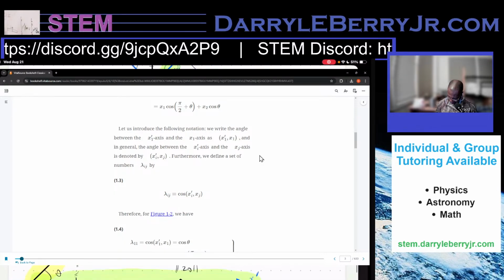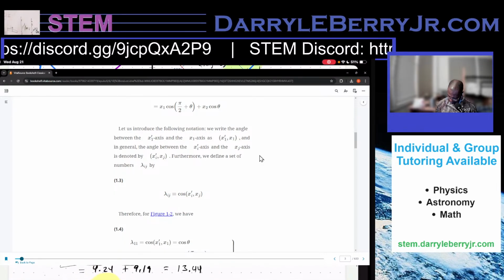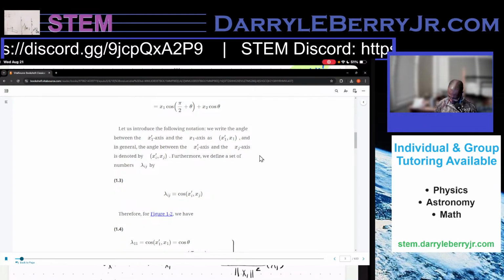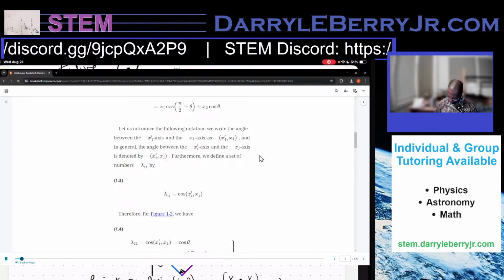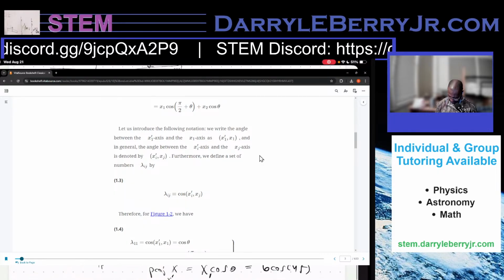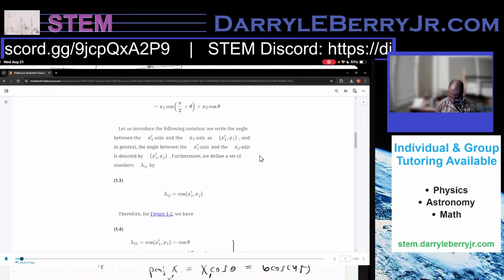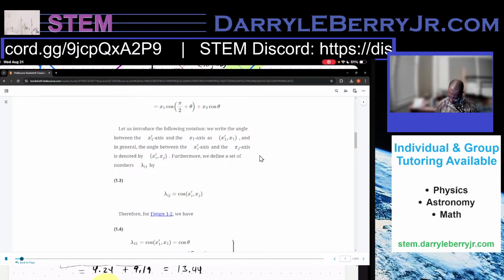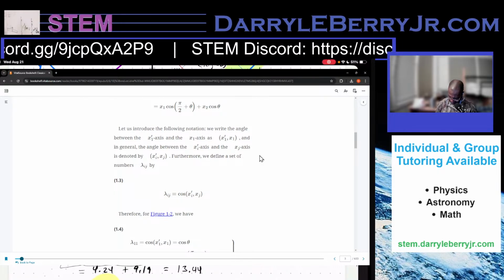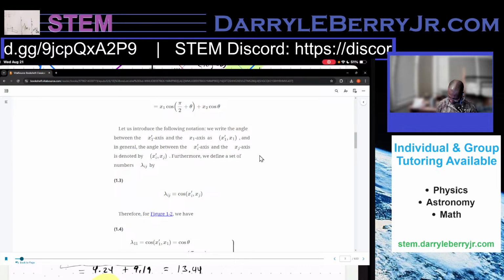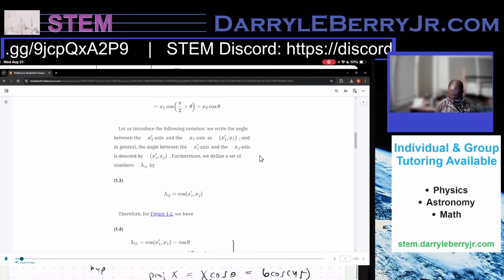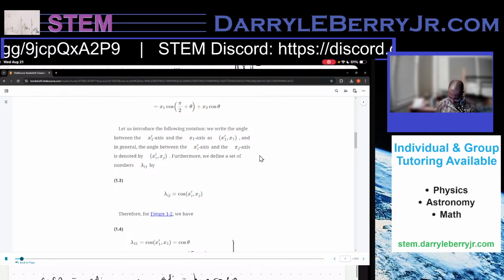So this is how I got the projection of x onto x prime. I projected this 6 down to the x prime axis, which would be equivalent to this projection here. So the projection that I did to get that value is that. That's the same thing as this right here.